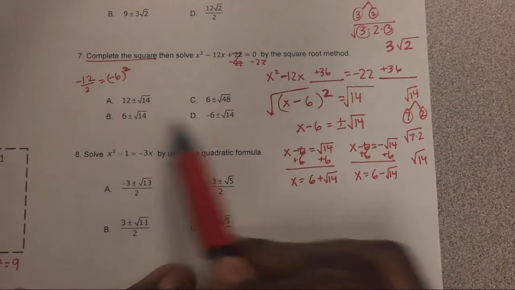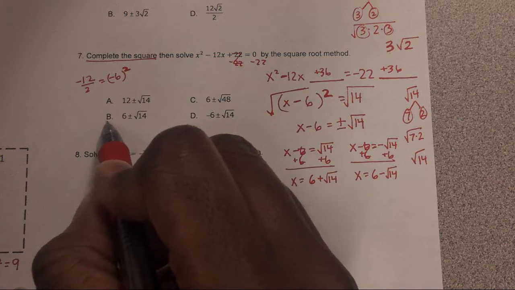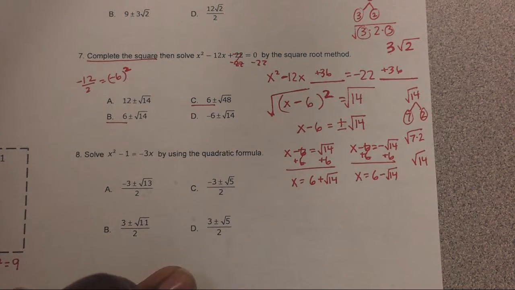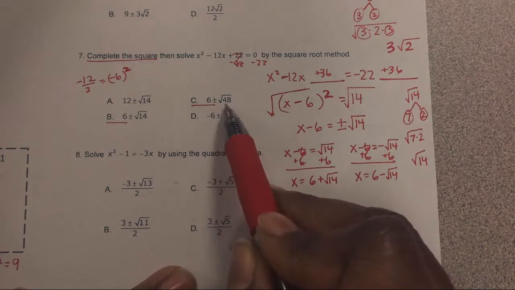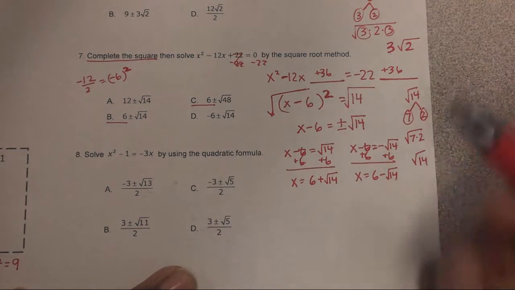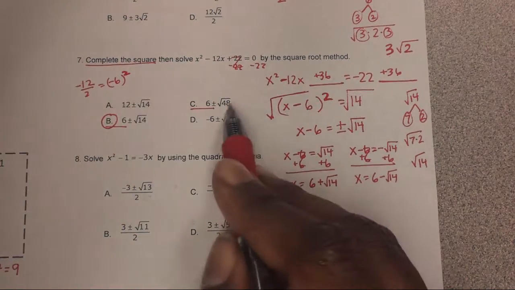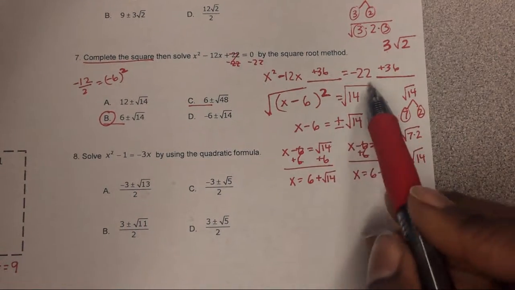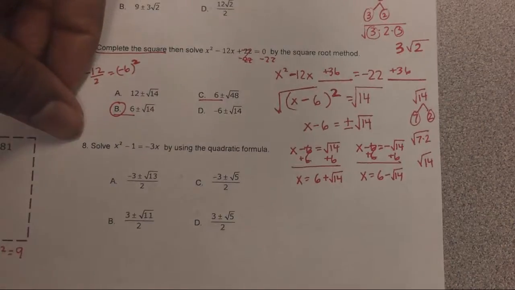So which one of these answer choices has a positive 6? B has a positive 6 and C has a positive 6. But should I have a square root of 14 in it or a square root of 48? So that answer should definitely be B because square root of 48, I don't even know where they got that from. Yeah, so that's messed up.